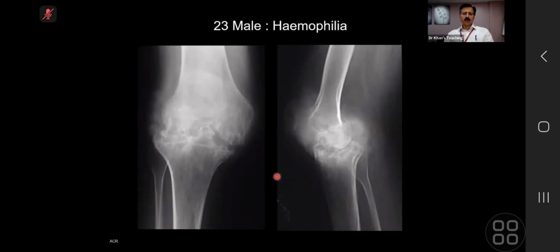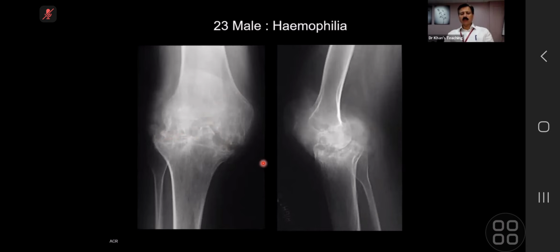This is a film of hemophilia. Of course, if you look carefully, some of the things are visible. This epiphysis is larger. You can see widened intercondylar notch. These are secondary changes, so we are not very interested.